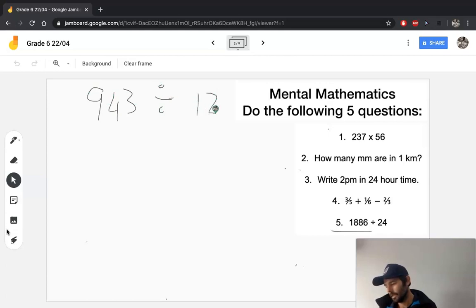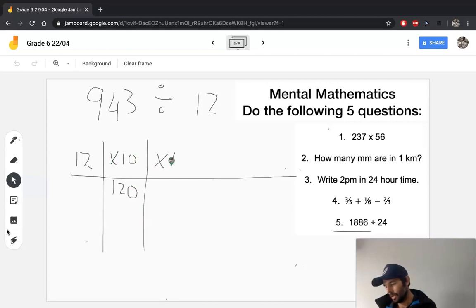Let's see what happens if I do it with 12. 12 times 10 is 120. 12 times 100 is 1,200. I need to get to 943. So if I know that 12 times 10 is 120, then 12 times 20 must be 240.